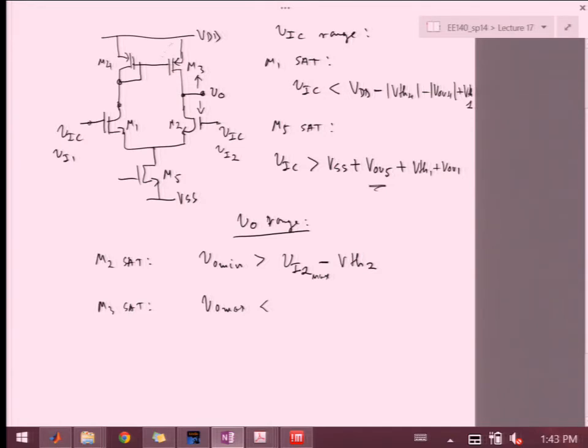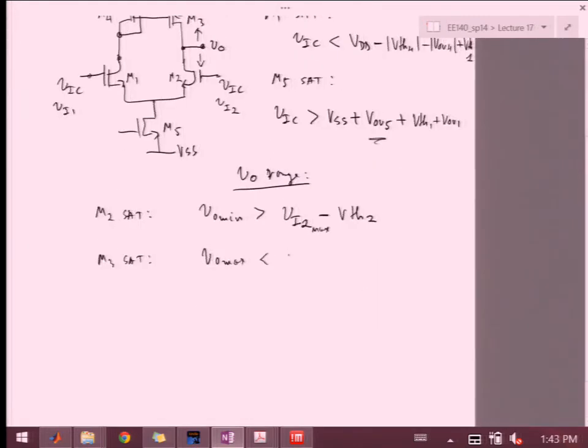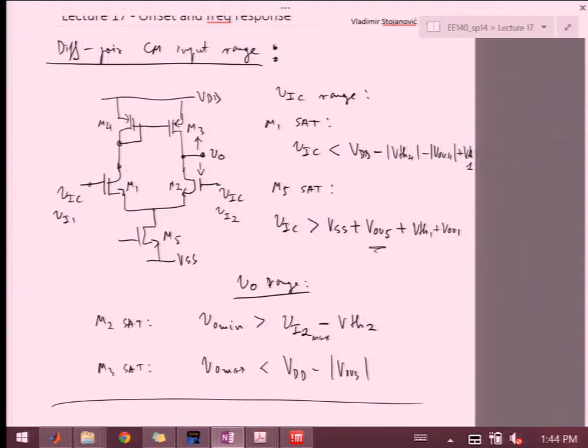I have a V overdrive plus VTH here, and then this node can pull up by VTH more, right? So what's left? V overdrive 3. And because we're in absolute voltage, we're going to have VDD minus V overdrive 3.